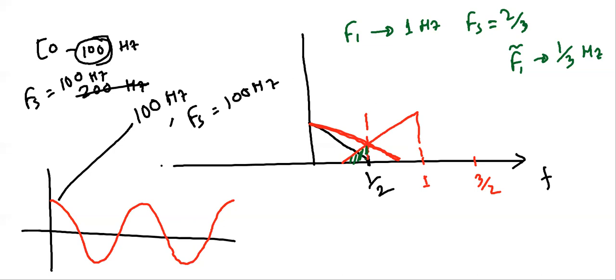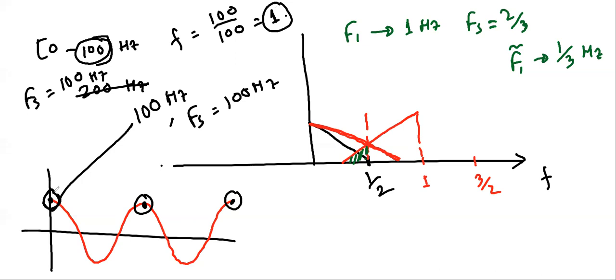Then we get samples like this: a sample here, a sample here, a sample here, because small f is equal to 100 over 100, which is 1. 1 means you have 1 sample per cycle, and those are the samples. Now, if you pass it through the digital low pass filter, you will actually get a DC value.